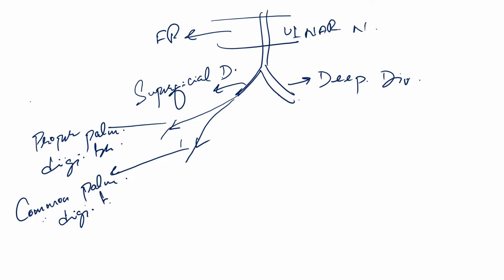So these are the two branches of the superficial division of the ulnar nerve.